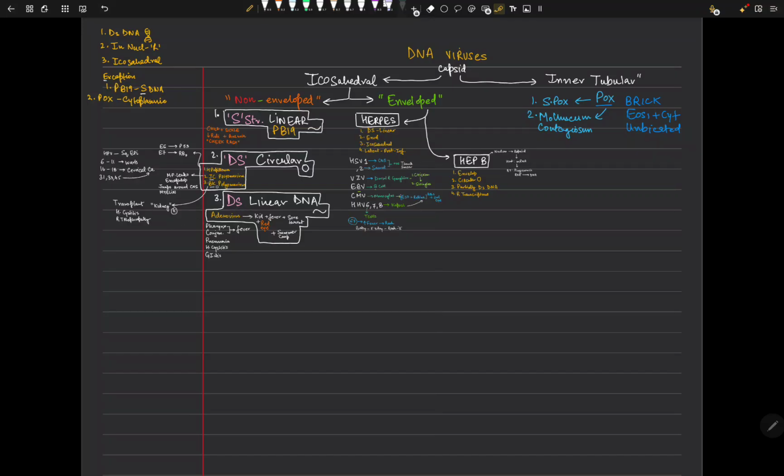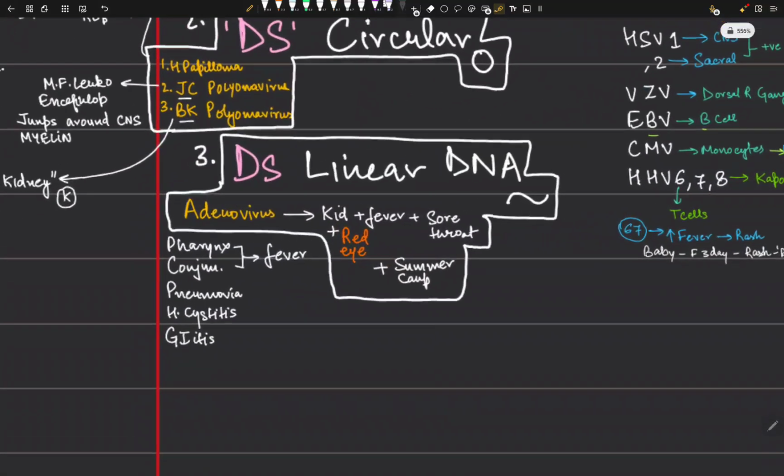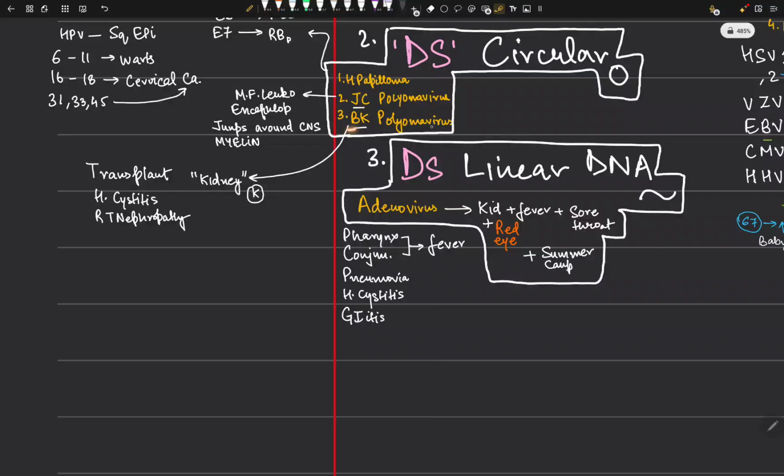BK, K stands for kidney, so BK polyomavirus is kidney.